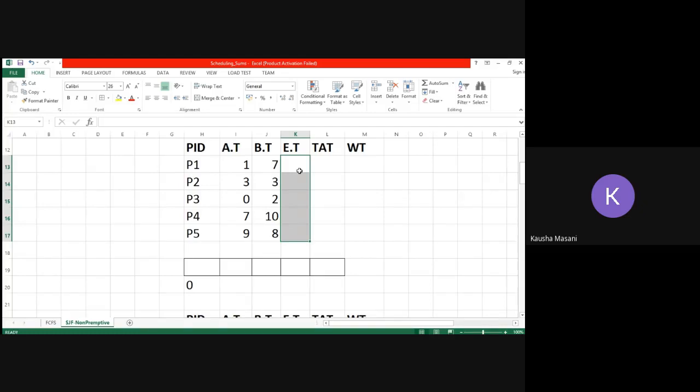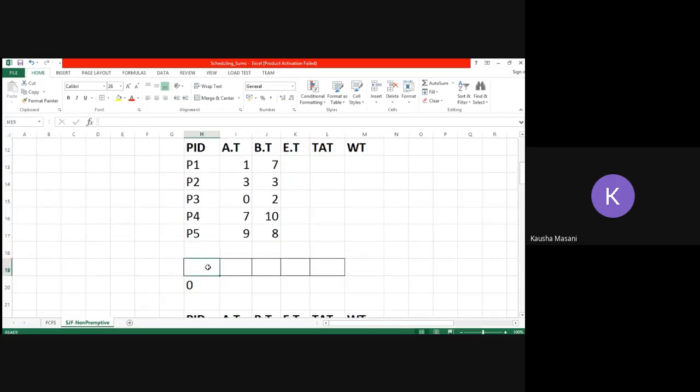Okay. Tell me first the values for this Gantt chart. Come on. At 0th unit of time, which is the process that you guys have filled up? P3. Okay.